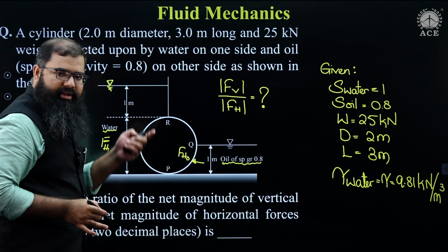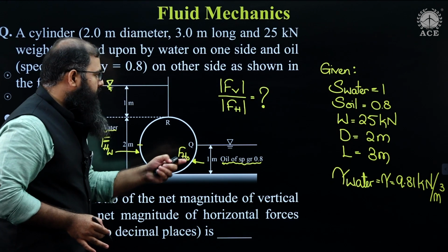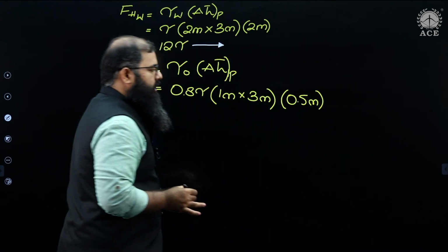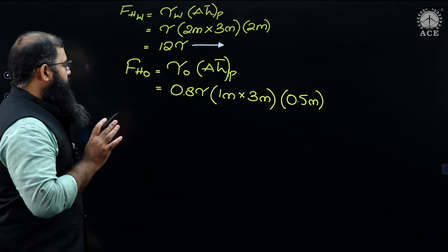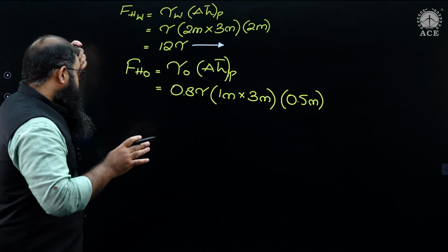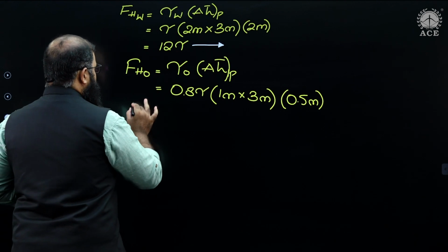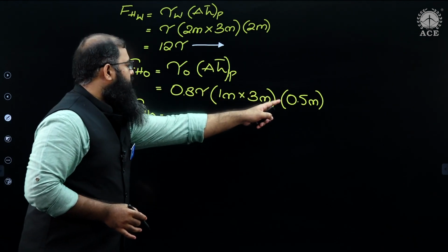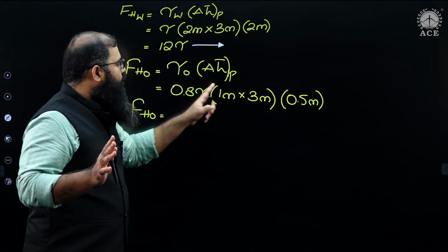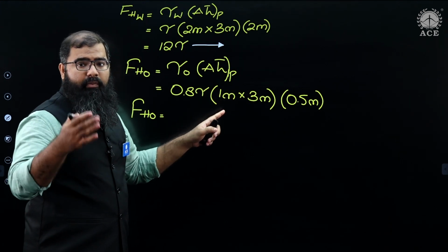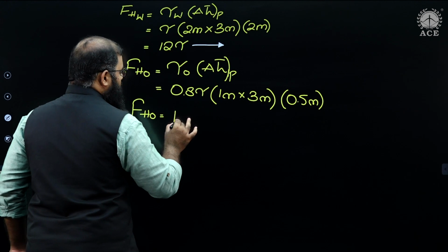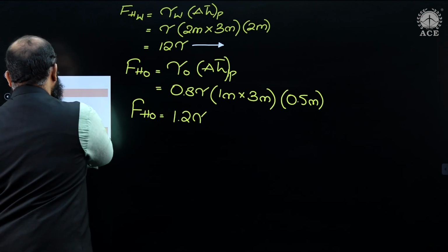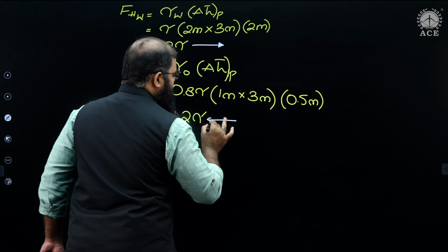H bar, we have discussed this already, it is equal to 0.5, half of this thing. So it is equal to 0.5 meters. Fine. Now, I am going to get the answer in terms of gamma again. So F horizontal by the virtue of oil is equal to 0.5 times 0.8 is 0.4. 0.4 times 3 is equal to 1.2. So this is going to be equal to 1.2 gamma. Mind you, the direction sense over here is in this direction.